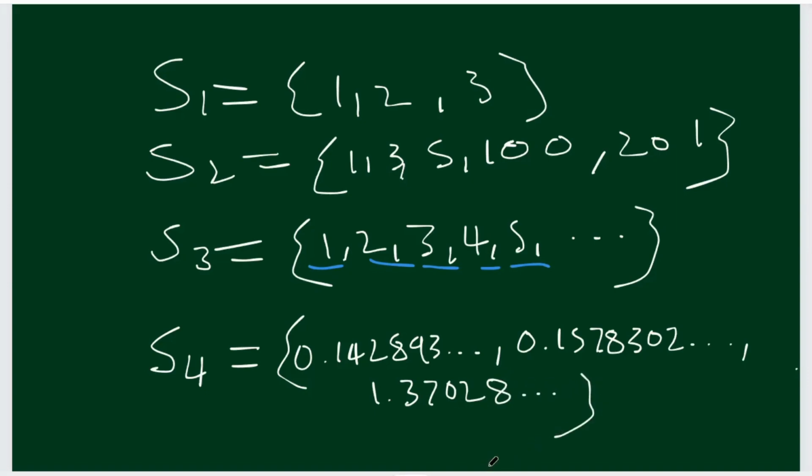So there is an infinite number of irrational numbers. However, it's not countable.